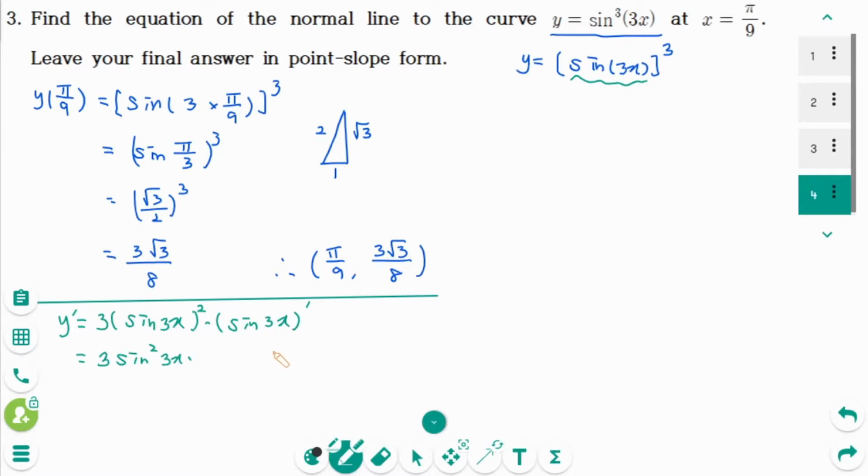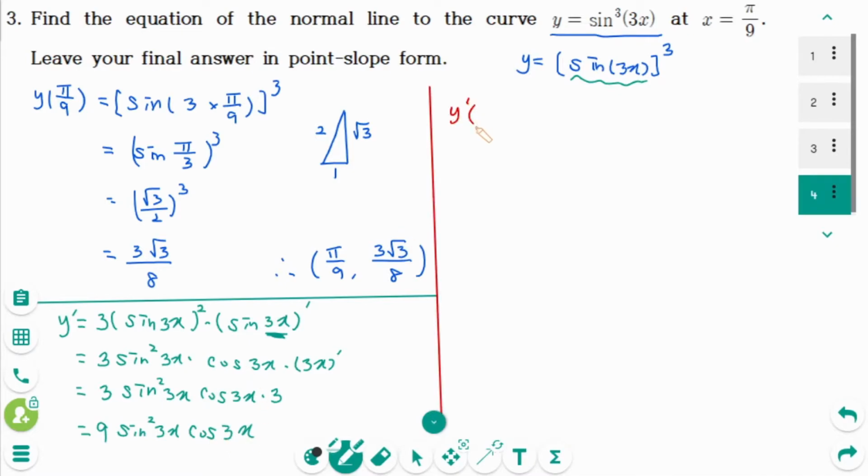Now think of it as u equals 3x, then cosine 3x times 3x prime, which is 3. So 9 sine squared 3x times cosine 3x.